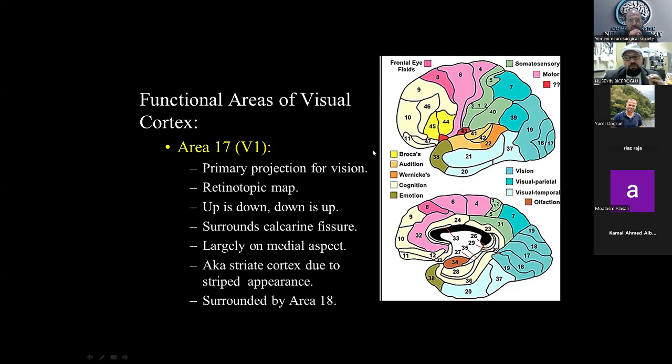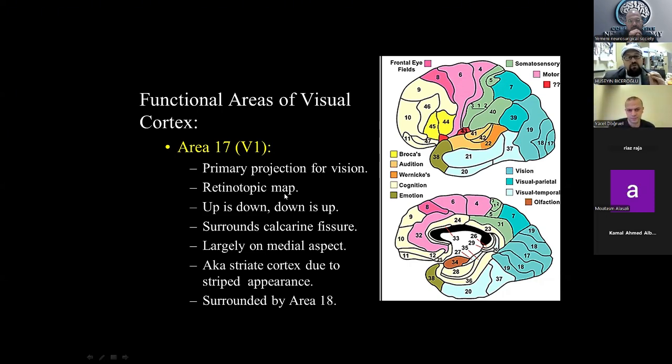There are some important areas: the 17th area, and the Brodmann 18th and 19th areas. Let's look at the 17th area. It's like a strip in the medial part, and the most posterior part from the lateral view is the 17th area. This is the primary projection for vision.